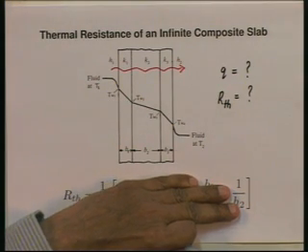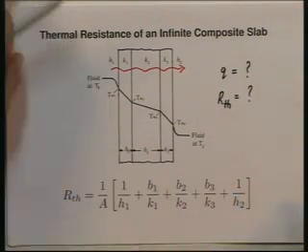Now, the first thing to recognize in analyzing this slab is that there are 5 thermal resistances in the path of the heat flow. What are they?